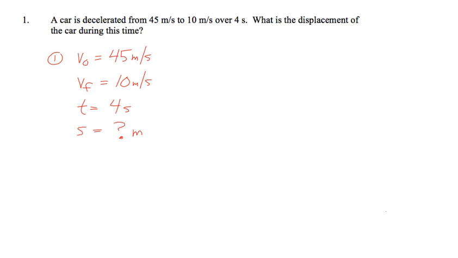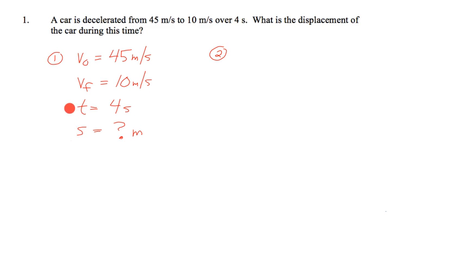Now, step 2 is to just pick the correct equation. You've got 5 to pick out. I think the easiest way to find the correct equation quickly is to say, what's the only fact that I did not write down out of the 5? Acceleration.